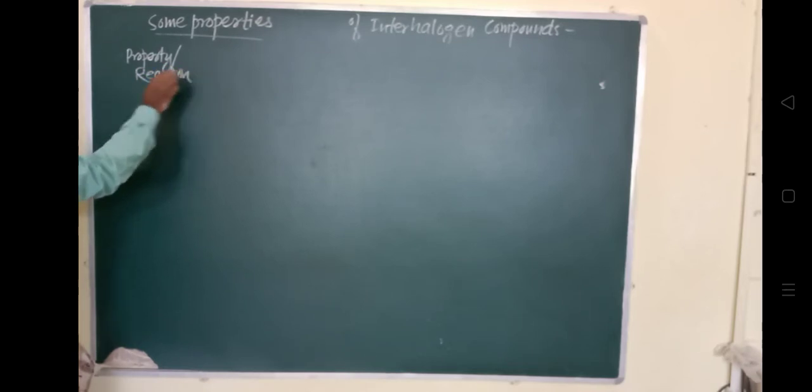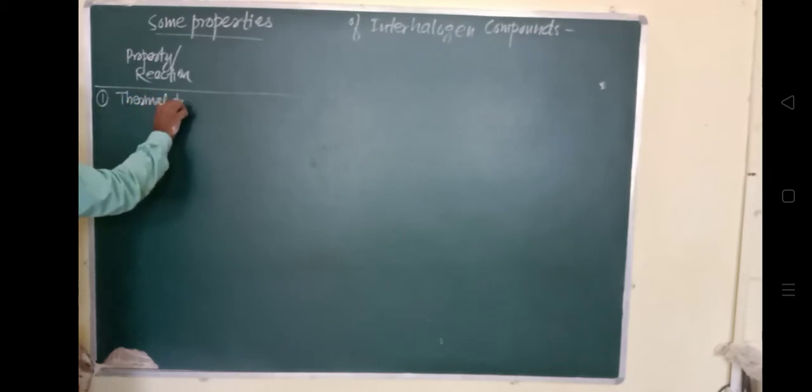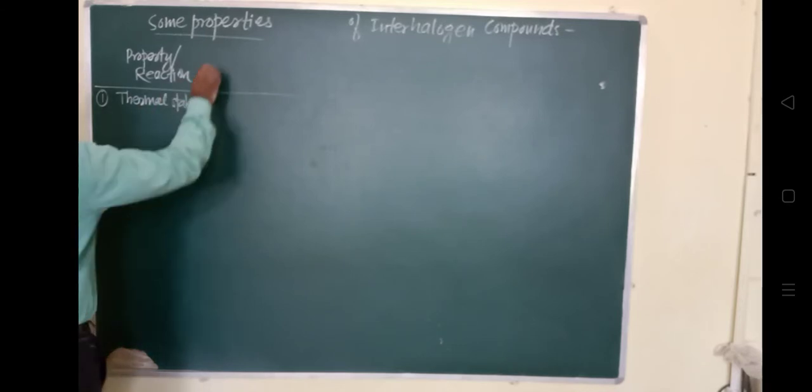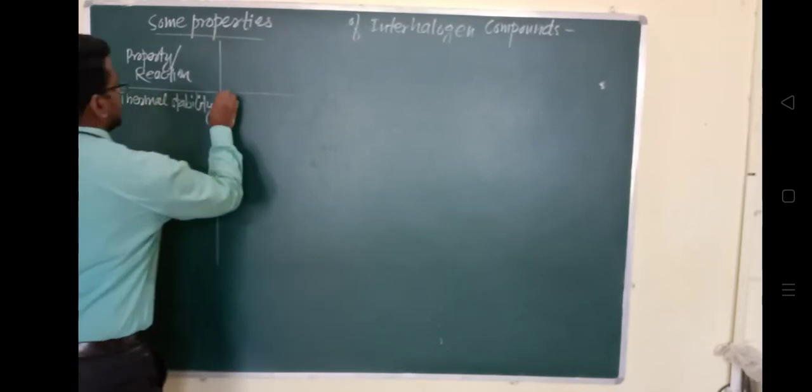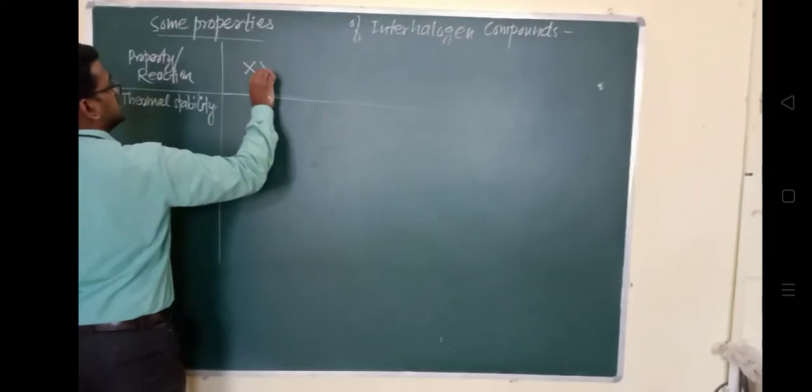If we check the thermal stability of such compounds, of type XX' and XX'3, for the interhalogen compounds of type XX', thermal stability will vary like this.